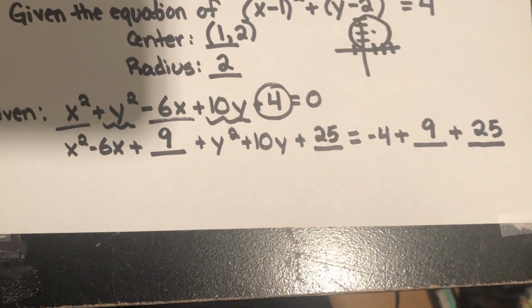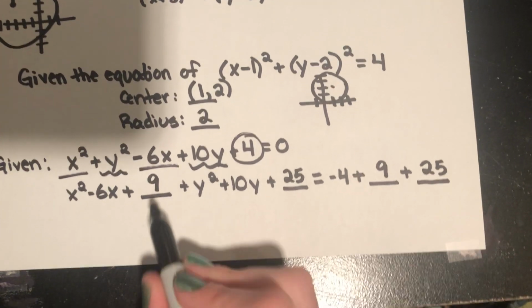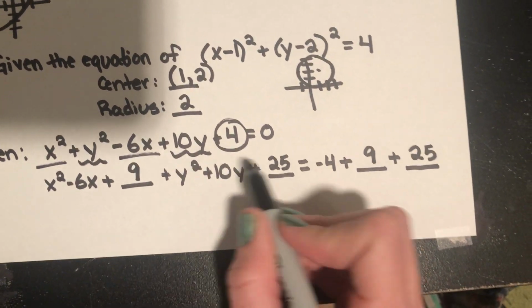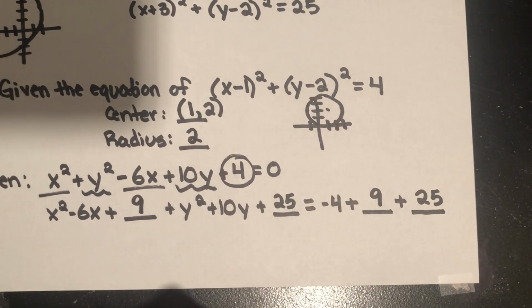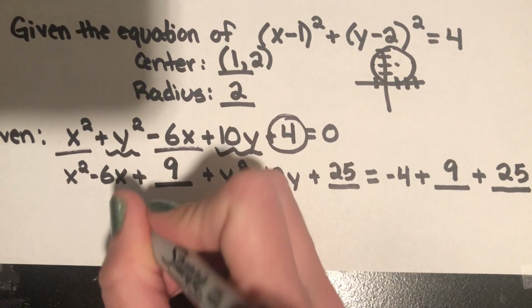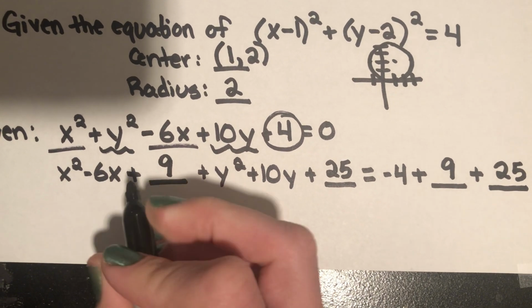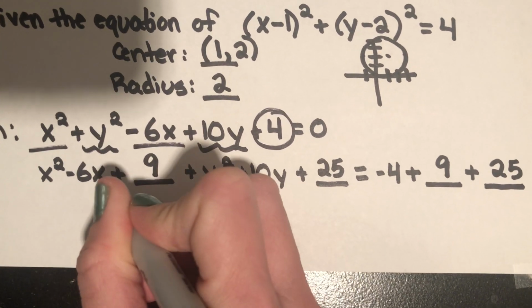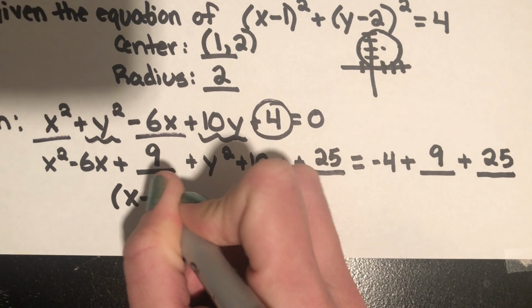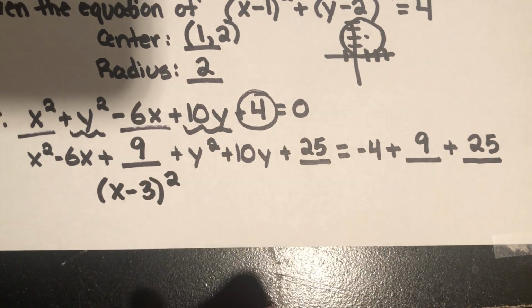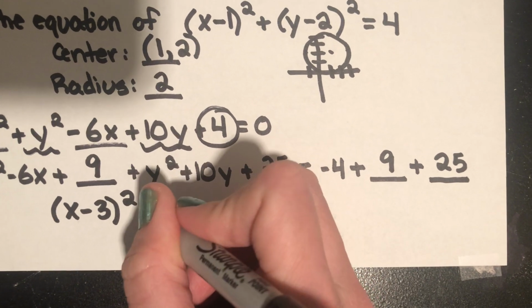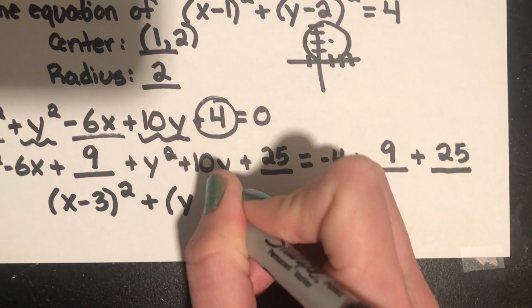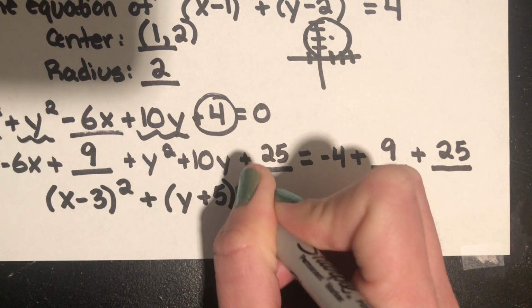Now you can see how I make these perfect square trinomials into the standard equation of a circle. Negative 6 divided by 2 was negative 3, so x minus 3 squared. 10 divided by 2 is a positive 5, so plus y plus 5 squared.